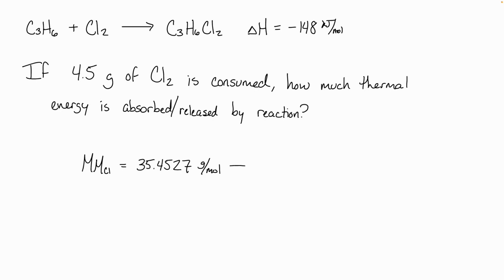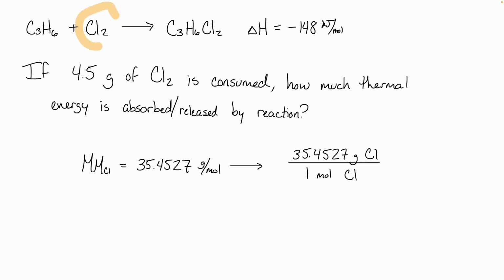One of the tricks here is how we take this molar mass and convert it into something that we can use in our math. So we're going to split up those units. This is going to be 35.4527 grams of chlorine in 1 mole of that chlorine. It's a similar game to what we played with our enthalpy. Now we have to be careful.